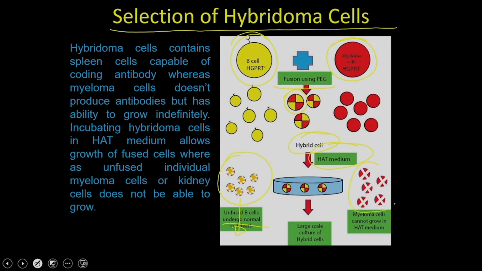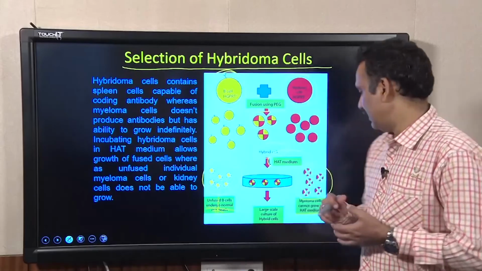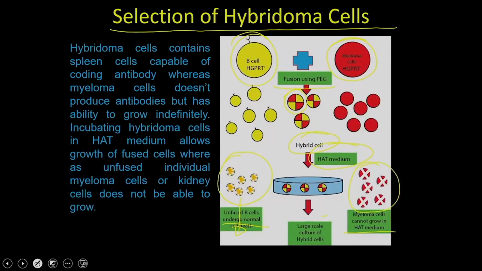The myeloma cells are also not going to survive, because the HAT medium has inhibitors which kill some of the crucial pathways present in the myeloma cells. What will grow is the hybrid cells, because they have the growth potential and the indefinite growth phenotype from these cells. So the only cells that grow are the hybrid cells.